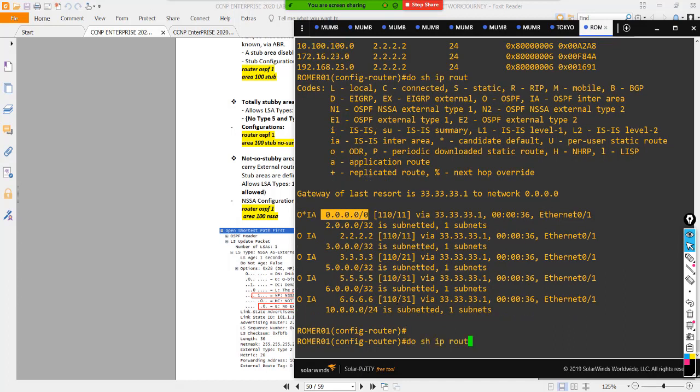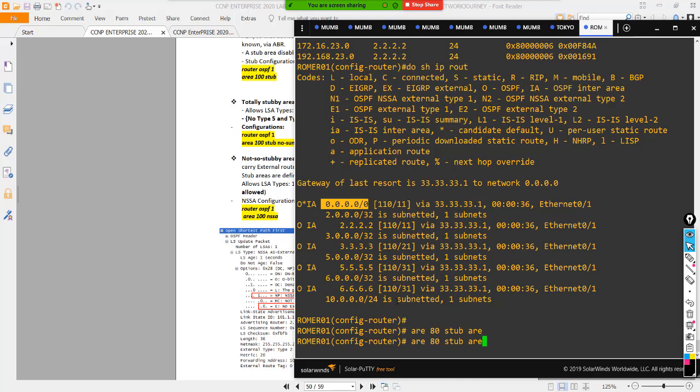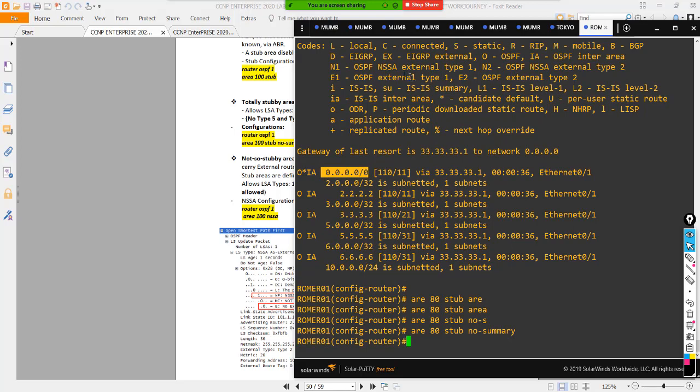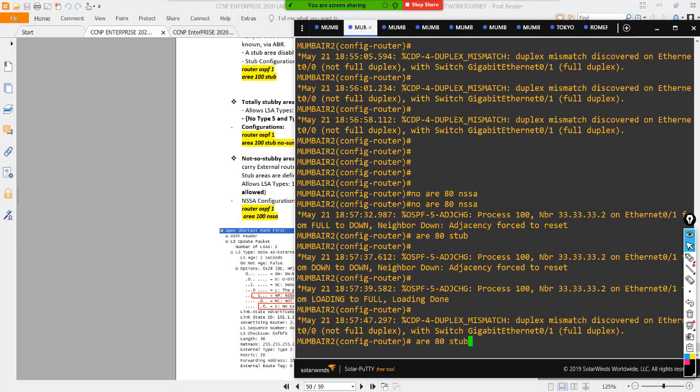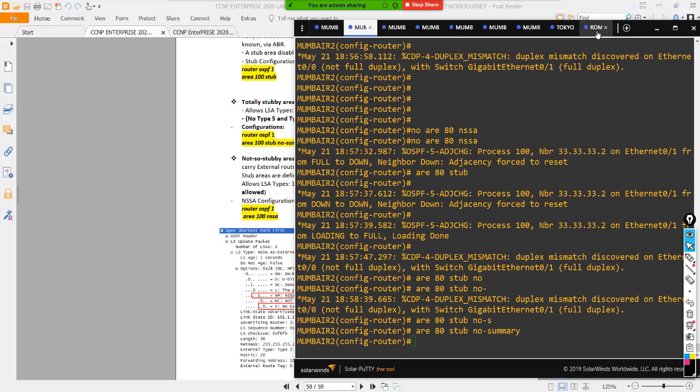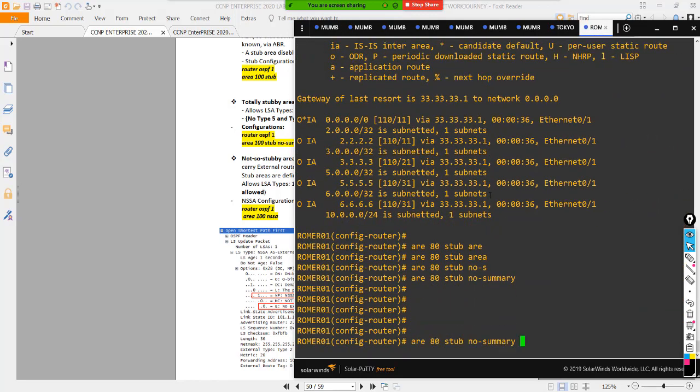Fine, let's configure totally stub. So just a single command, which is called no summary. Okay, and on the other side I'm going to do the same thing, no summary. Okay, so let's check it out. Database.